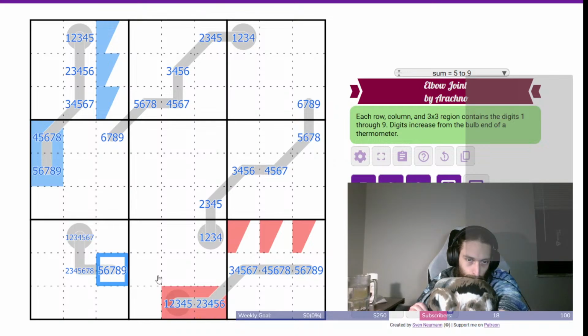And with the red, one of those ends up on the thermo in box 7. And max there is 6.